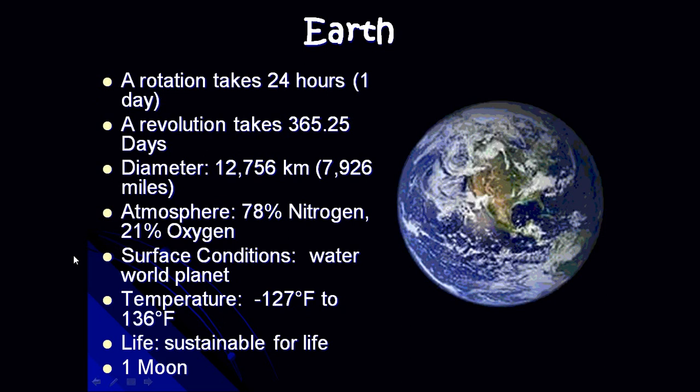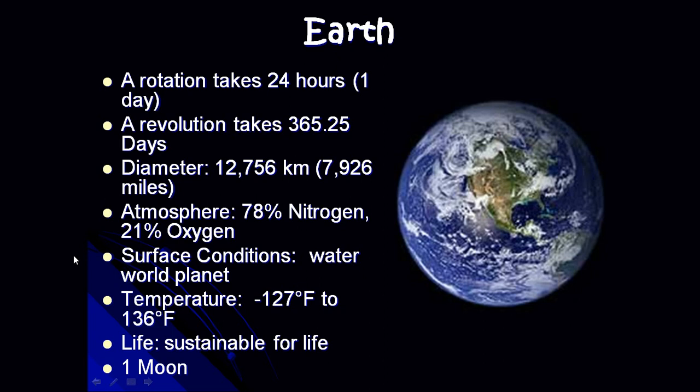Moving on. Earth, the wonderful blue planet that supports life. A rotation takes about 24 hours, or 1 day. A revolution takes 365 days. The diameter is roughly 12,756 kilometers, or 7,926 miles. The atmosphere has about 78% nitrogen, 21% oxygen.